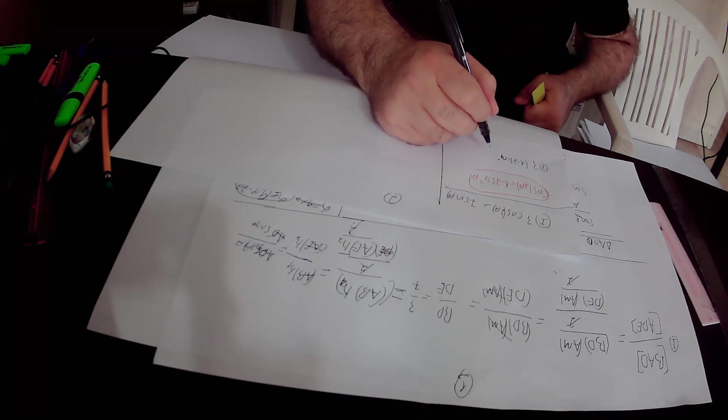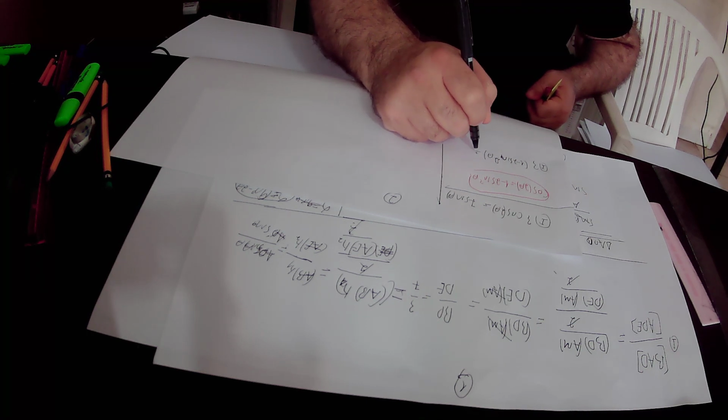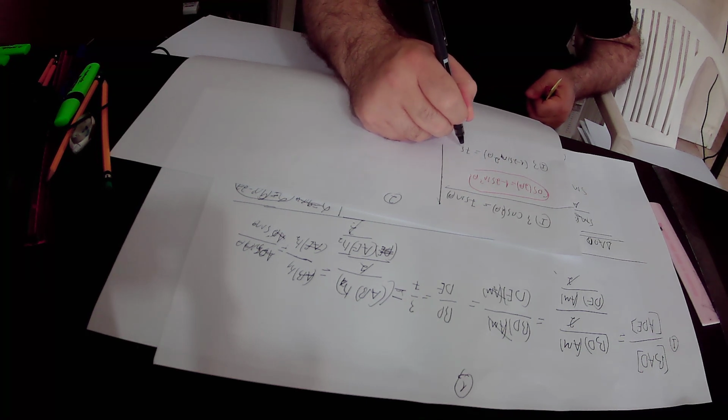Here it is: 1 minus sine square theta equals 7 times sine theta.